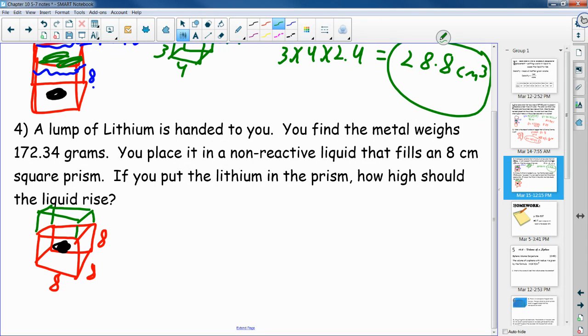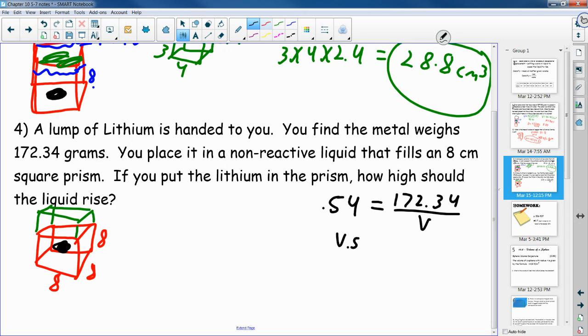We look at our density of lithium, and the density of lithium is going to be 0.54, and that'll equal our mass, which is 172.34, and that's all going to be over our volume. So working to find the volume here, we multiply the volume to the other side, so that we can get it out of the denominator.